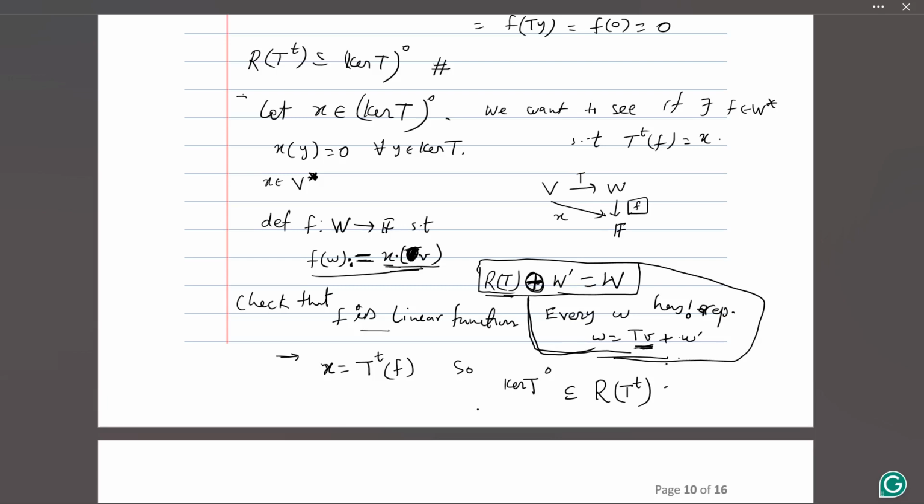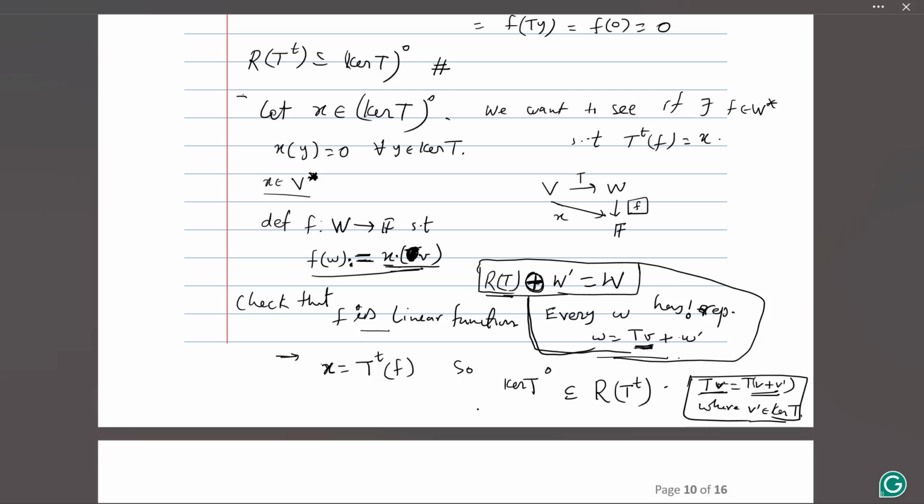Tv is the same as T(v plus v prime), where v prime is in the kernel of T. So we just had to show that this map is well defined, and because X is in the annihilator of kernel of T, both will give the same element.